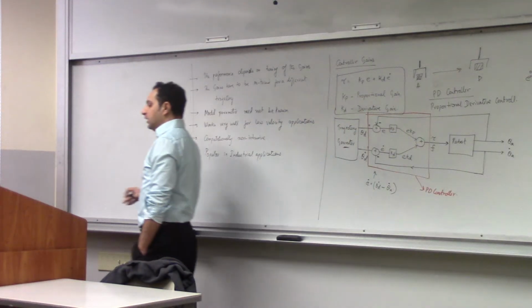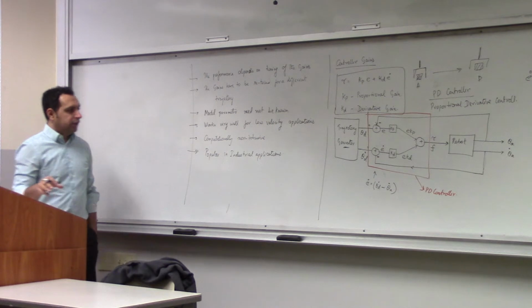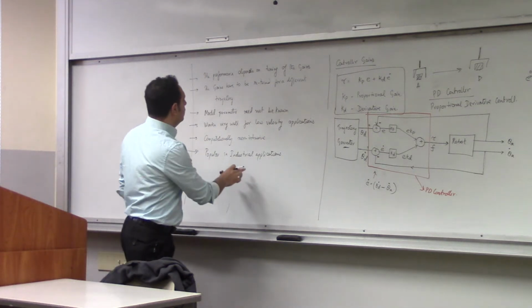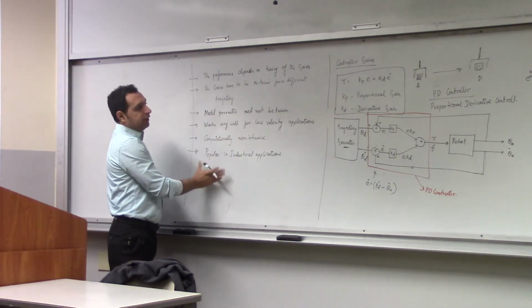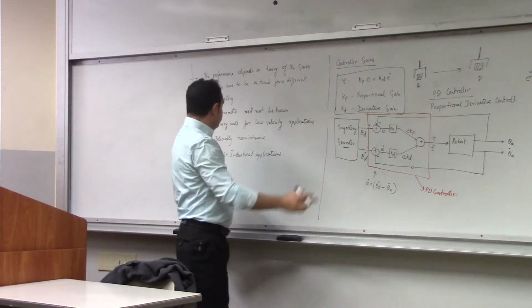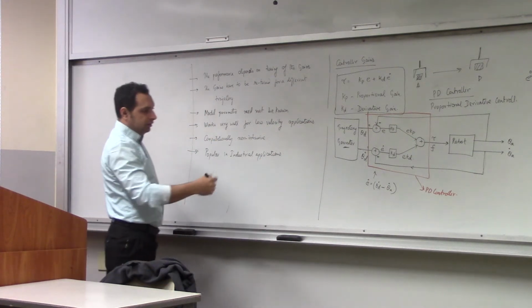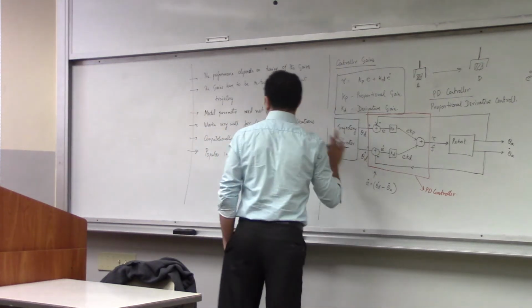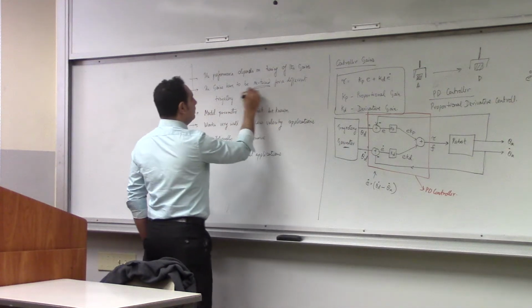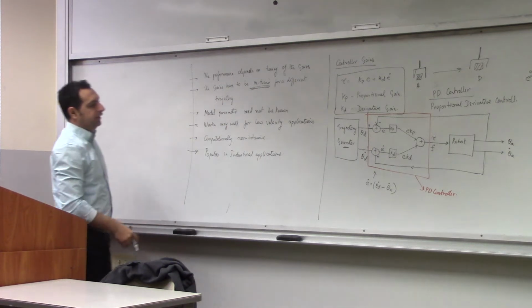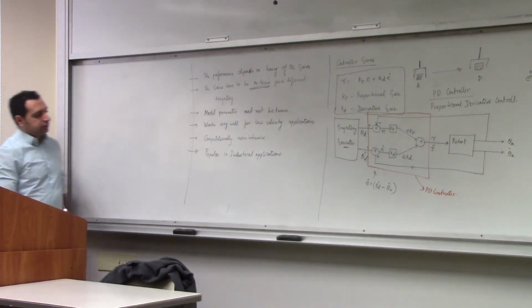If you are doing a repeated job, you can just configure this in such a way, and it will stick to doing the same thing accurately. However, if you change anything, you have to retune the gains. So that is one of the major limitations.